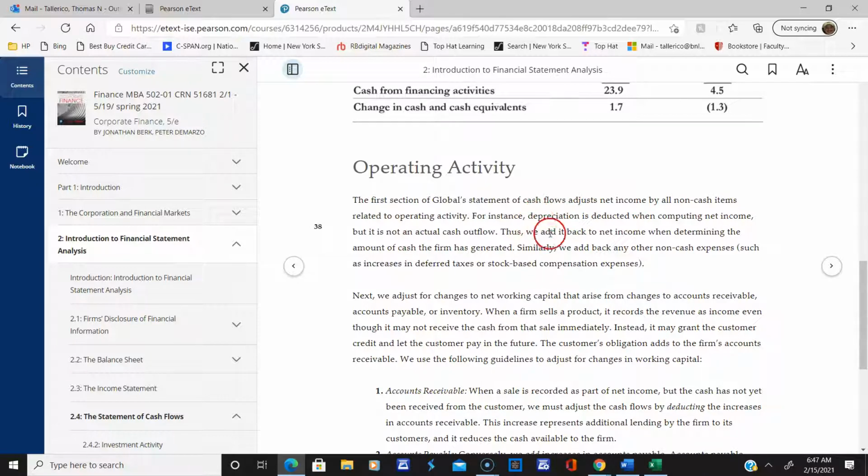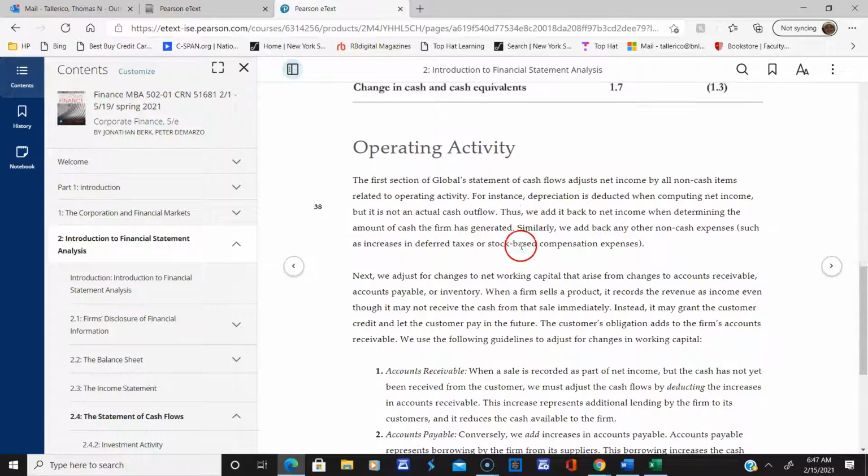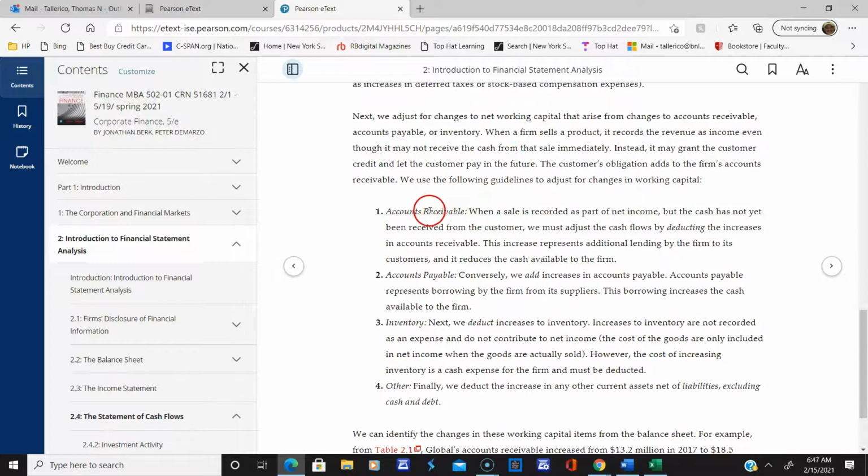So again, here's a description of each thing, and they tell you what accounts receivable are. Accounts receivable are what people owe you and haven't paid you yet. And I believe we talked about that. When a sale is recorded, but the cash has not yet been received, we must adjust the cash flows by deducting the increases in accounts receivable, because you obviously physically don't have the money yet.